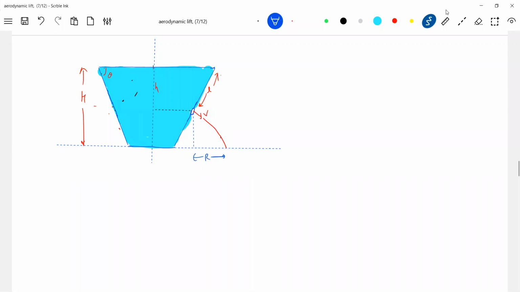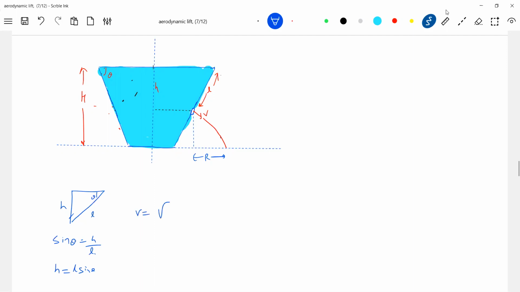Let's get into mathematics. So from the triangle, this is theta, this is h, no. So what is sine theta? Sine theta equal to h by L. h equal to L sine theta.